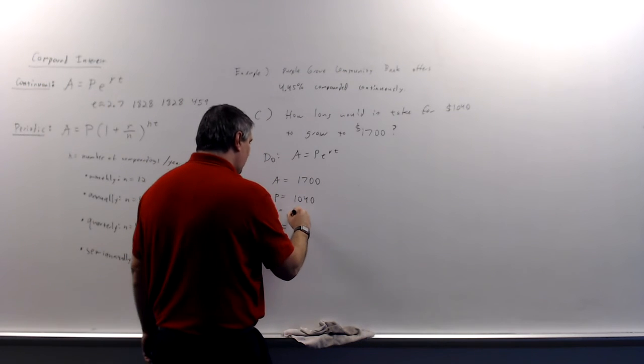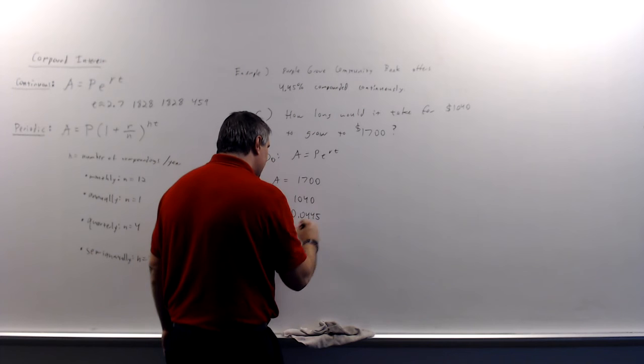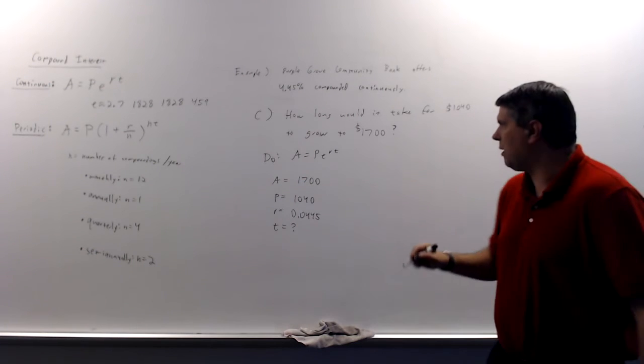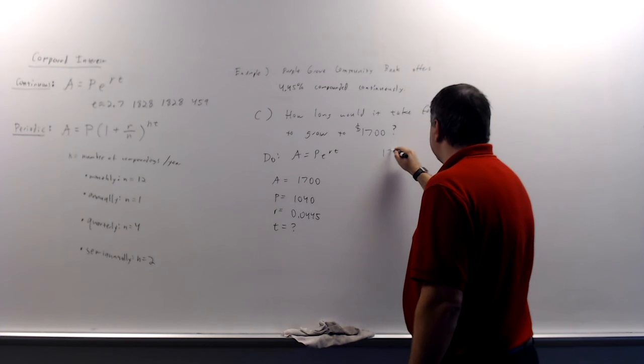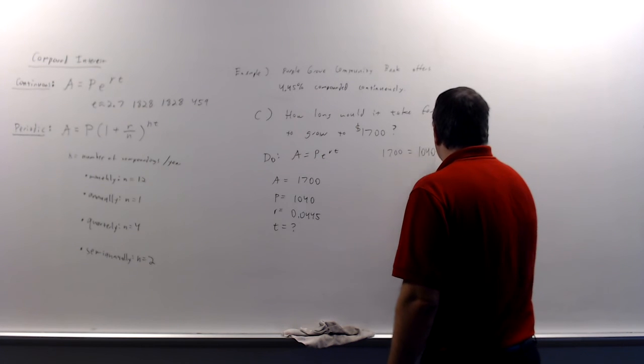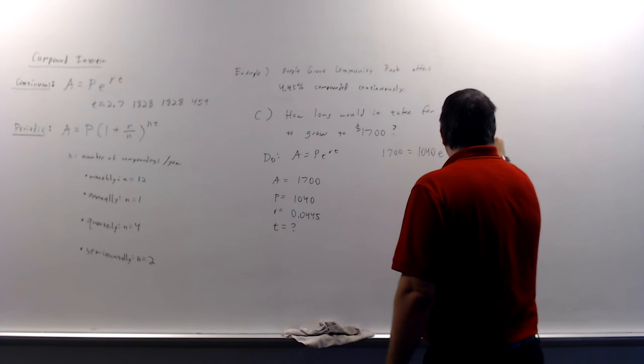The rate is 0.0445, and T is unknown. That's the question. So I want to know, when will 1,700 equal 1,040 times e to the 0.0445 t power.